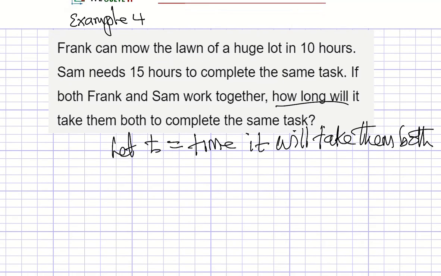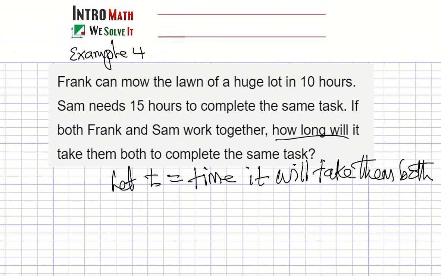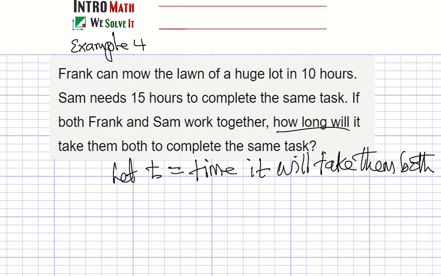Now, notice what I said up there in example number 3. Remember that I said the rate of work for a job is R equals 1 over T, which is the same thing as rate times time equals 1.